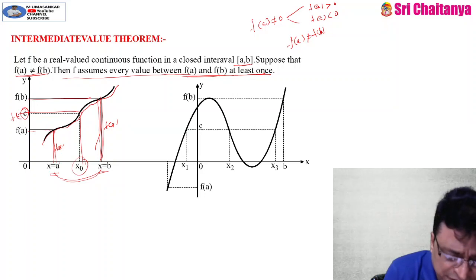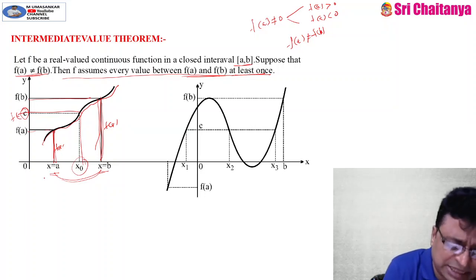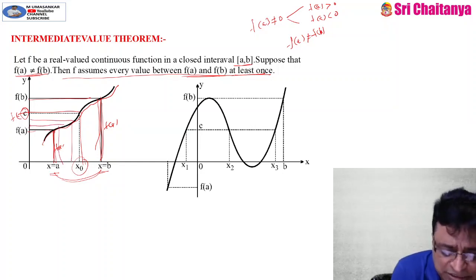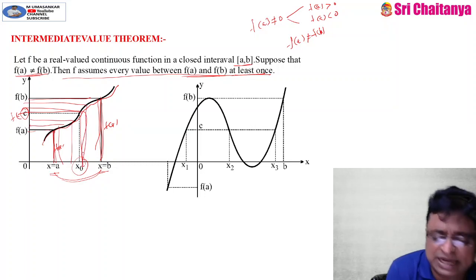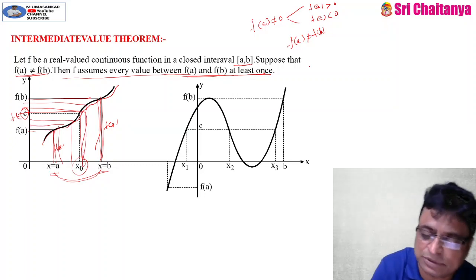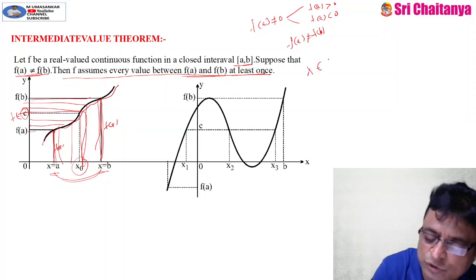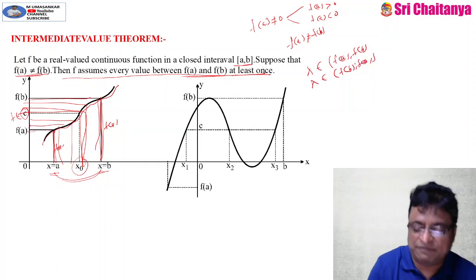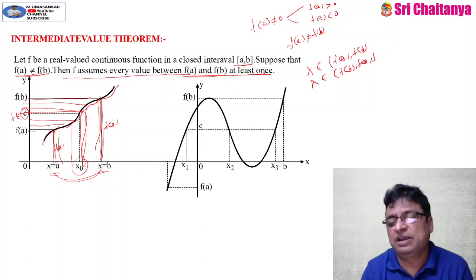So every value you take between f of a and f of b lies here only. That means f assumes every value between f of a and f of b. Suppose lambda belongs to the open interval (f of a, f of b), or lambda belongs to the open interval (f of b, f of a), because I don't know whether f of a is less than f of b or greater than f of b.